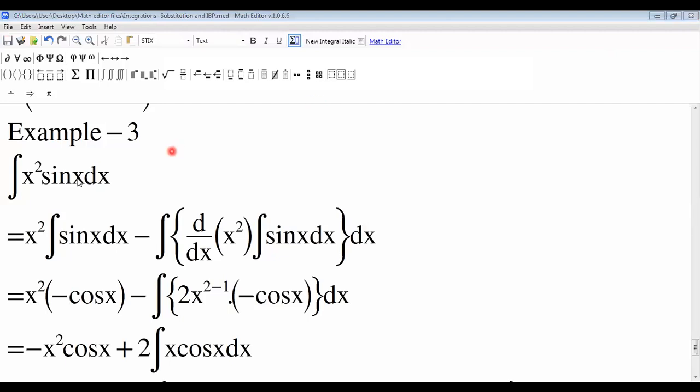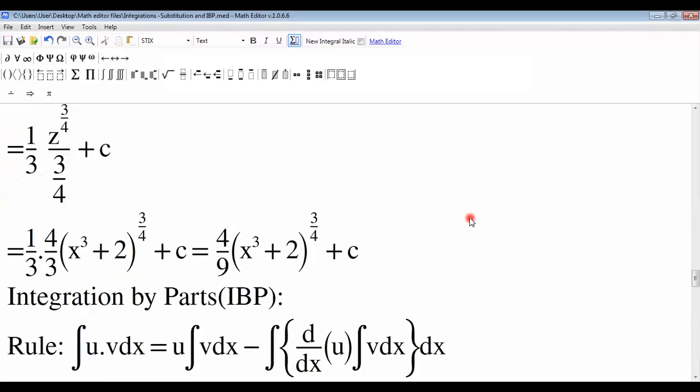Now, how to find the integration of x square sine x, a product of two functions, using the uv rule for integration? That means example 3. Now x square will be u and sine x will be v for this integration. Which rule are we using?